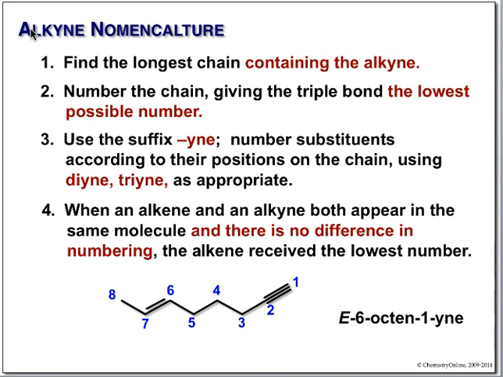But otherwise, first of all, the alkyne is always going to be the main functional group. It is higher priority, so it's first. But the numbering depends upon the lowest sequence, giving the alkene the lowest number if it's a tie.